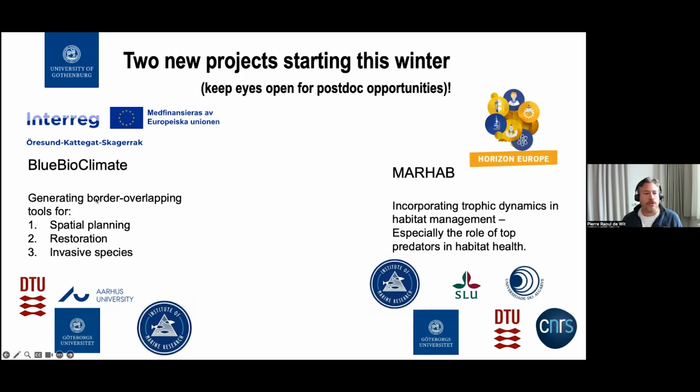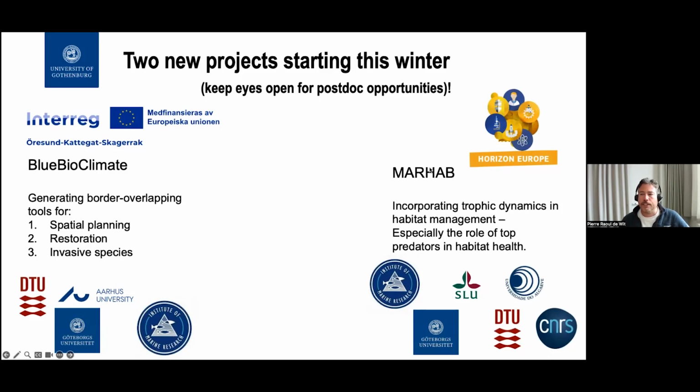And the goal of this project is to generate tools that span both borders between Sweden, Denmark, and Norway in order to create tools for spatial planning and restoration and for invasive species. So those are the 3 focal topics of this project, and it's a collaboration with DTU Aqua and Aarhus University in Denmark, and then us here in Sweden and the Institute of Marine Research in Norway.